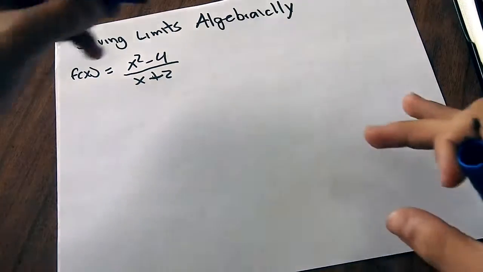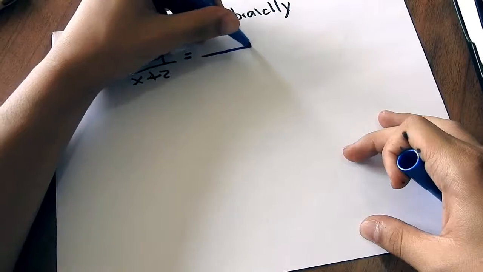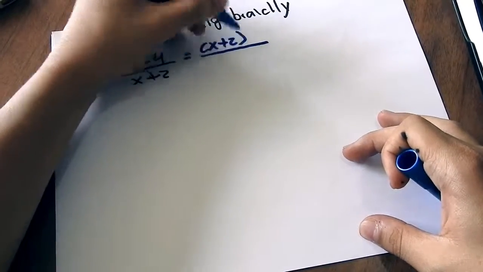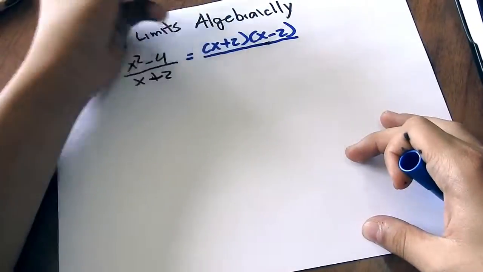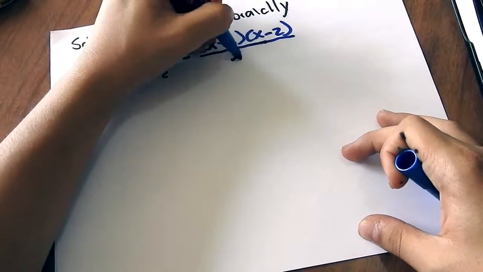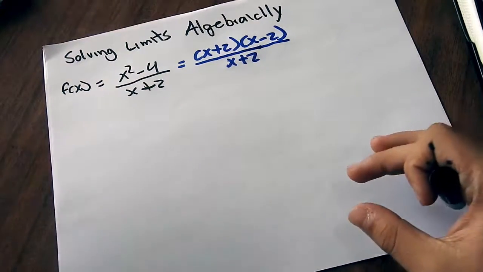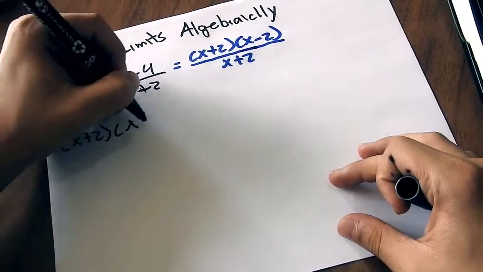So in the numerator, we're going to have x plus 2 and x minus 2, and in the denominator, we're going to have x plus 2. So where do I get this x plus 2, x minus 2? You should remember this from your Algebra 2 class, but I'm going to remind you.